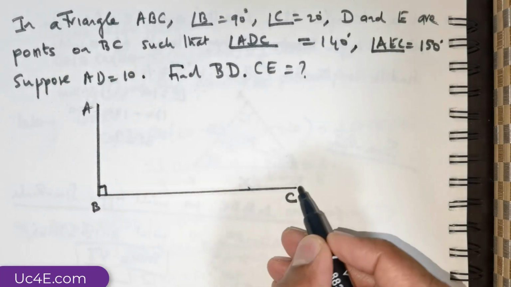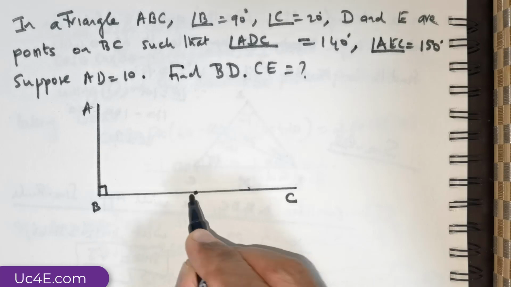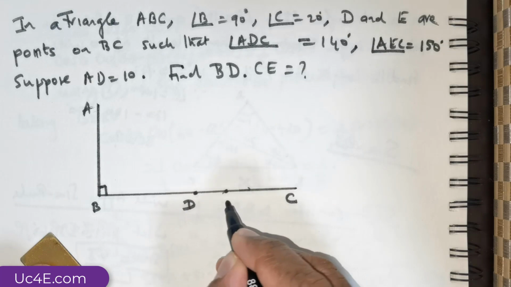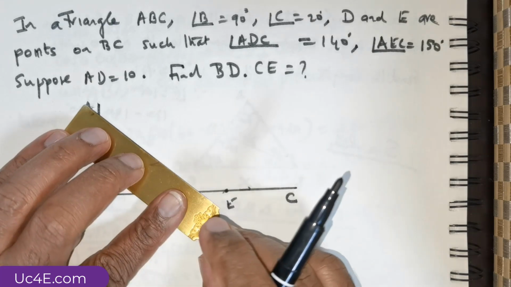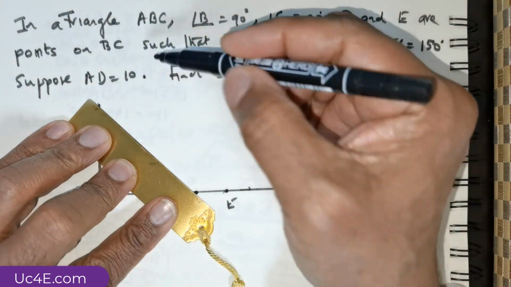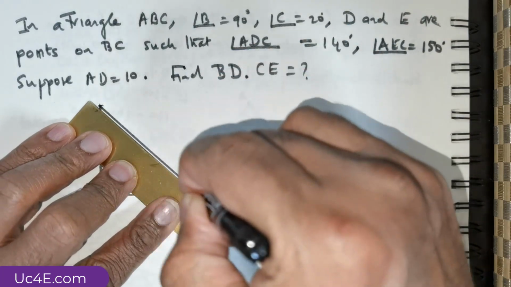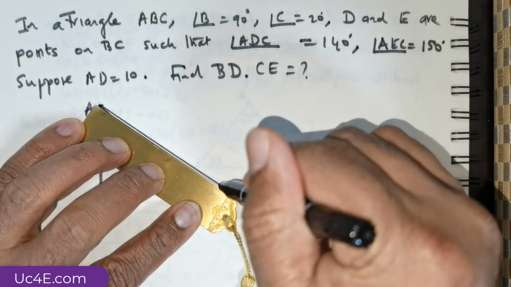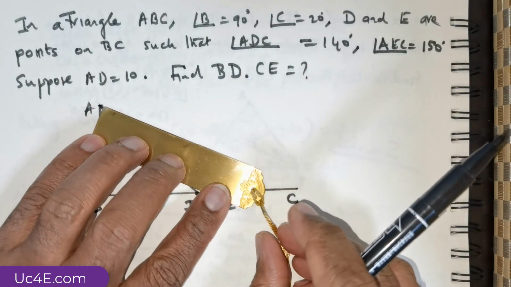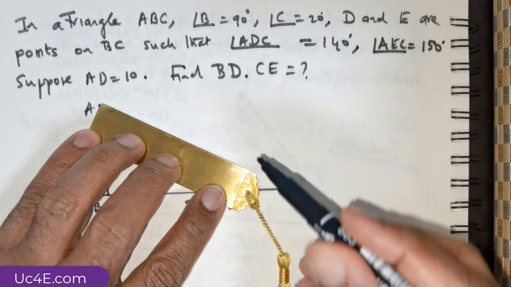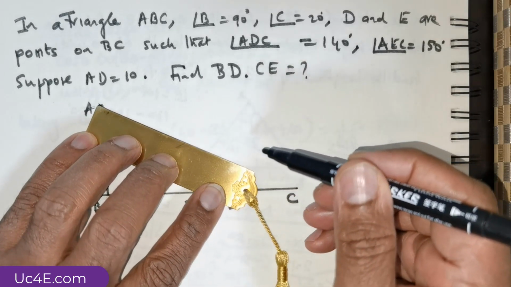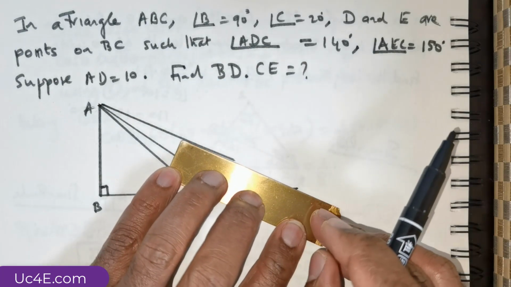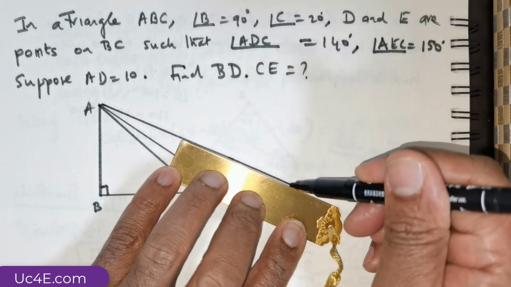So this is going to be C, and I've got 2 points D and E. So let me just take this point D and E and let me connect it with A. So this is one, and then this is the next, and then you got another one from A. Okay, the figure is completed.